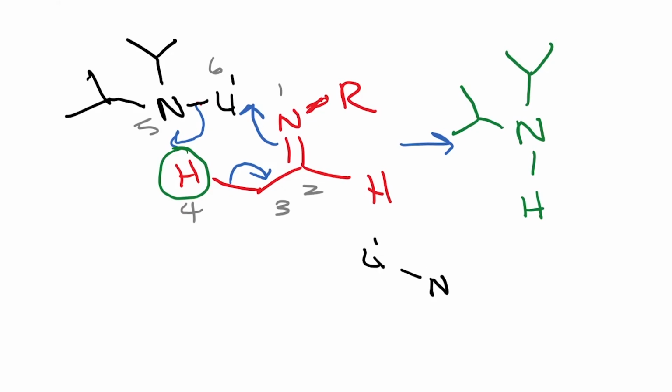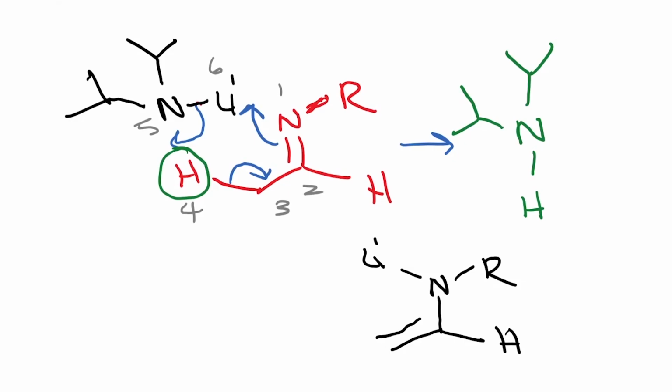This double bond becomes a single bond, and the carbon-carbon bond between 2 and 3 becomes a double bond. The hydrogen and R remain intact. So this is the arrow-pushing mechanism with a transition state that we could envision.